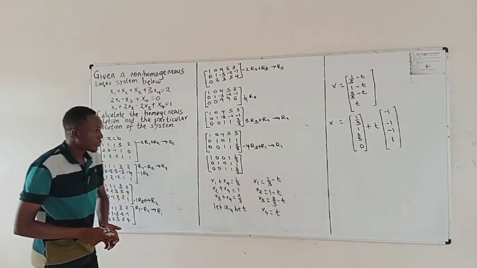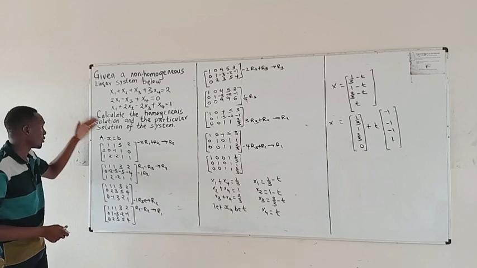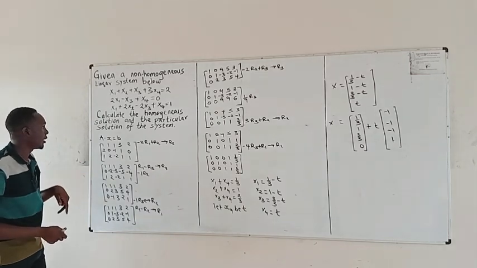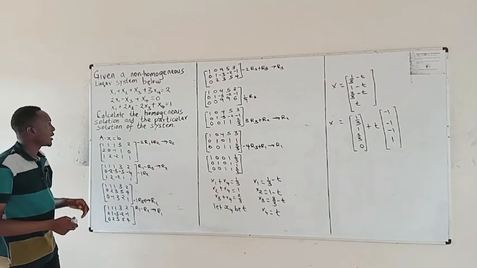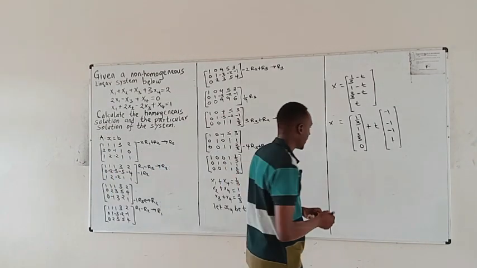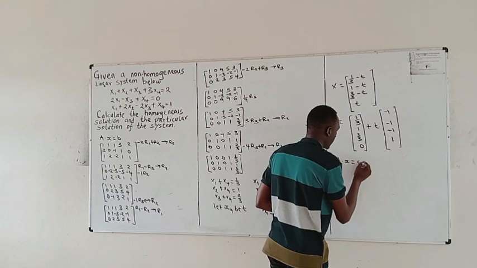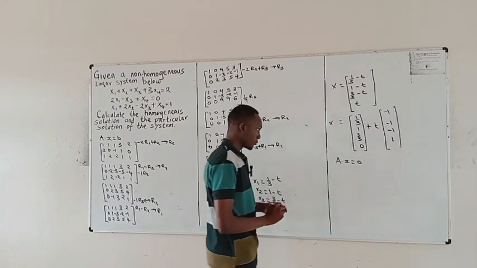Now, the question was, calculate the homogeneous solution and the particular solution. We realize that homogeneous solution is a linear system of the form Ax is equal to 0.